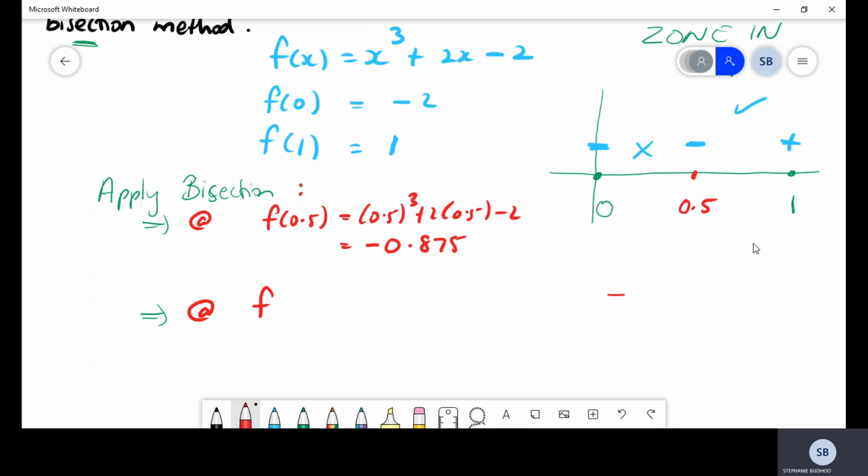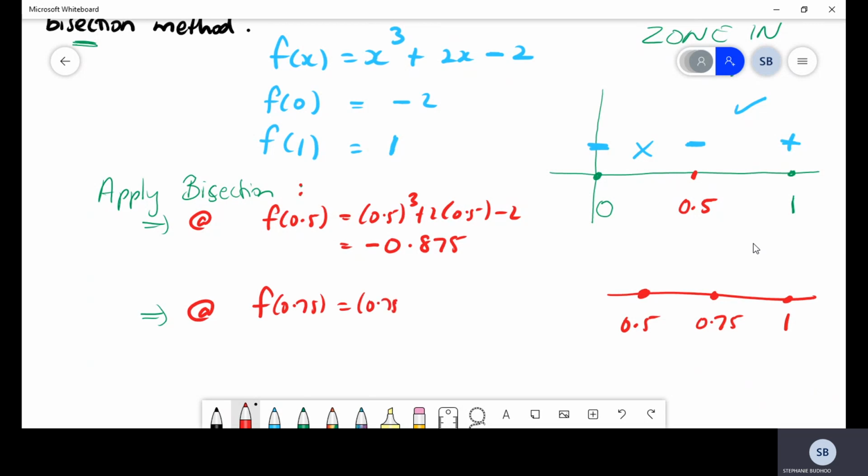I will draw another diagram. So if you were to use your calculator, 1 plus 0.5, and you found that value in the center, you'd find that to be 0.75. So we are going to find the value of the function at 0.75.